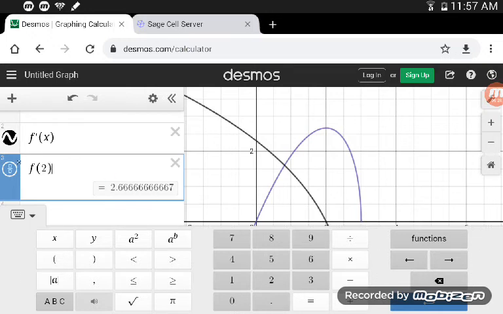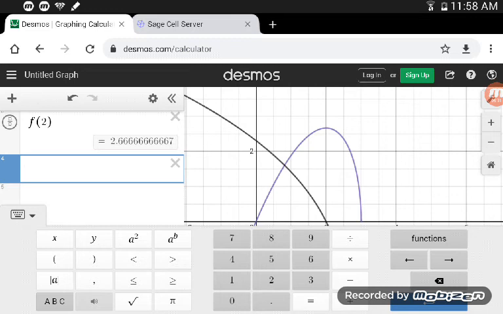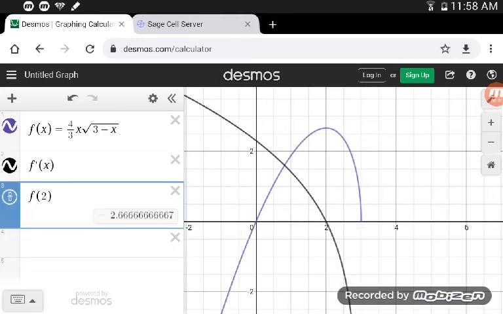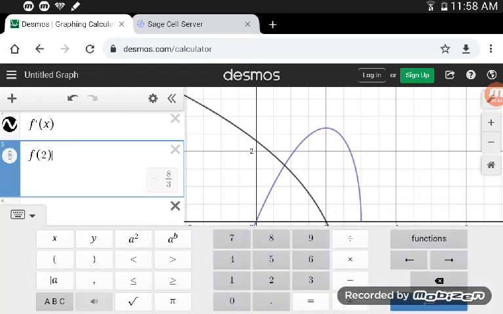But there's this little thing over here that looks like a fraction. Well, let's hit that if we can. On my computer I could do it, but there we go. Finally. 8/3. Pretty awesome, huh? So we can in Desmos get some nice looking fractions at times.